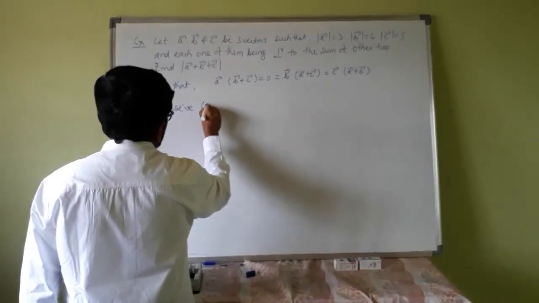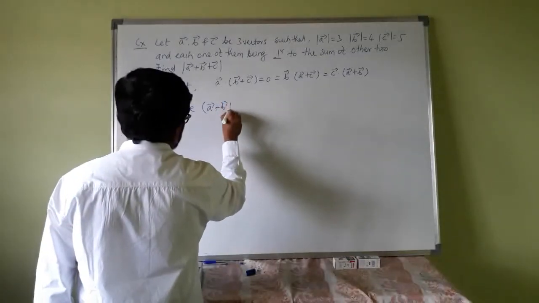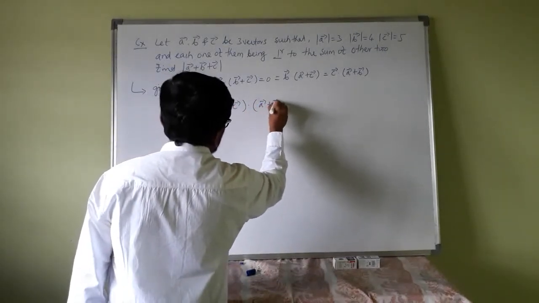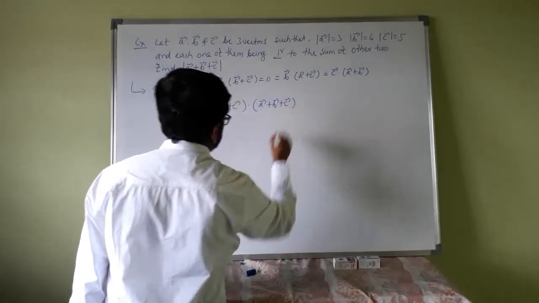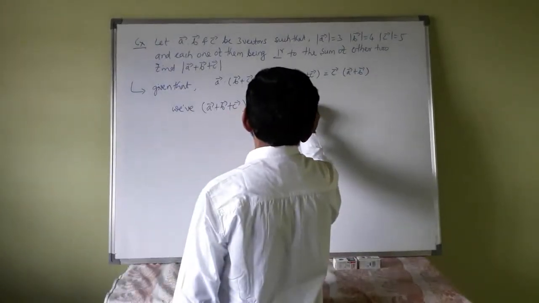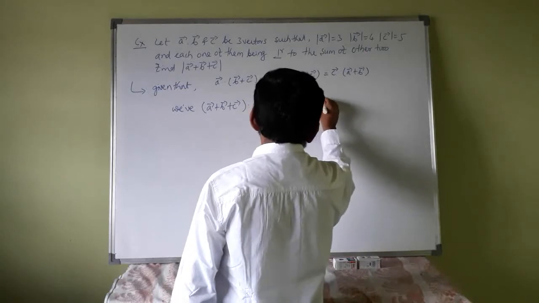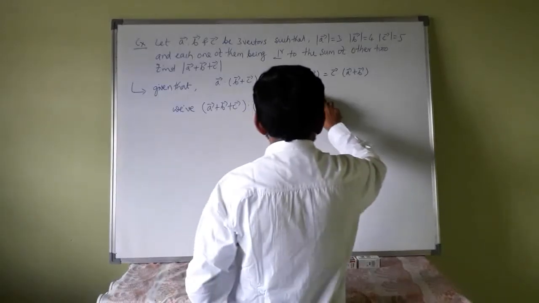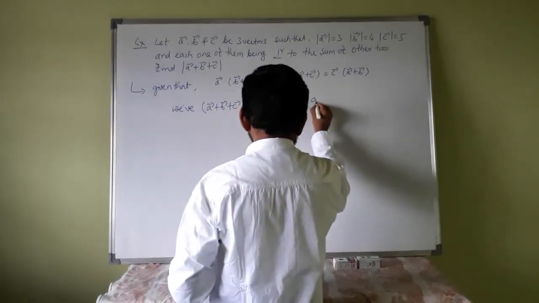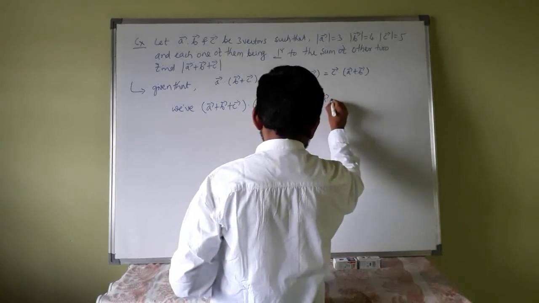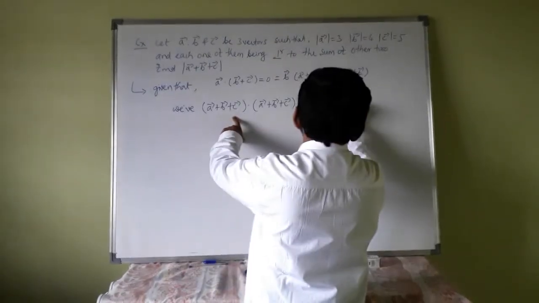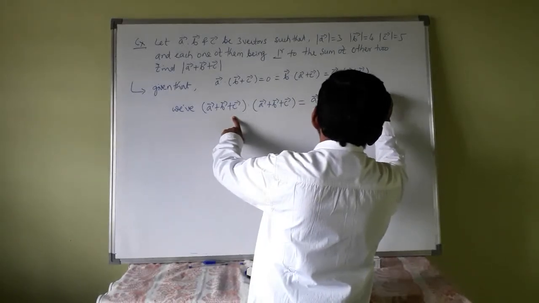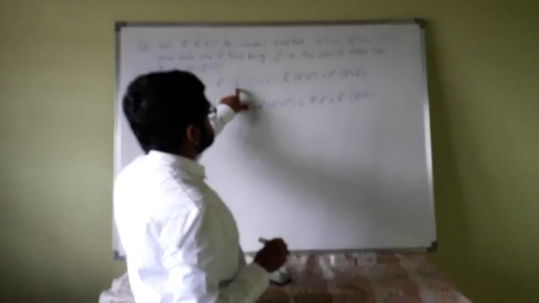We have A plus B plus C dot A plus B plus C is equal to magnitude of A square, A dot A, plus A dot B plus C. I will take this together because I know this will be 0.